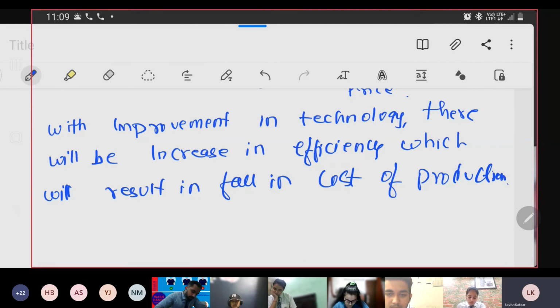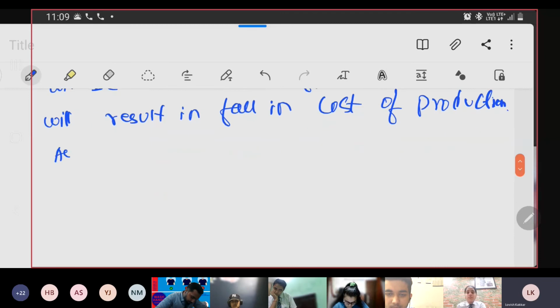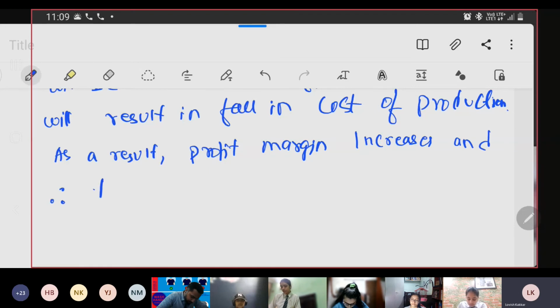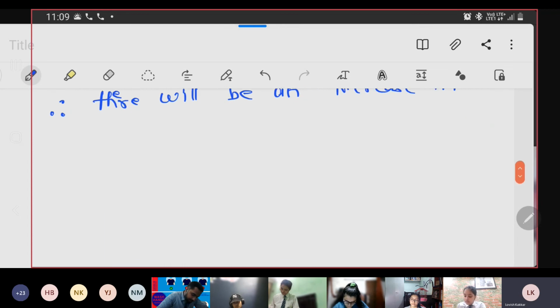So with fall in cost of production, what happens? As a result, profit margin increases. With price remaining the same, a fall in cost of production would mean profit margin of the producer rises, and therefore there will be an increase in supply.